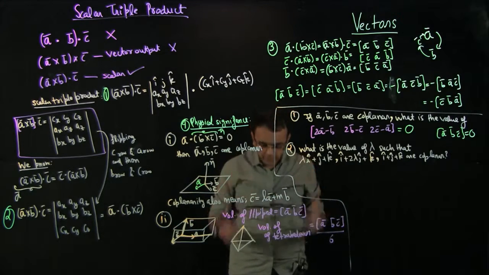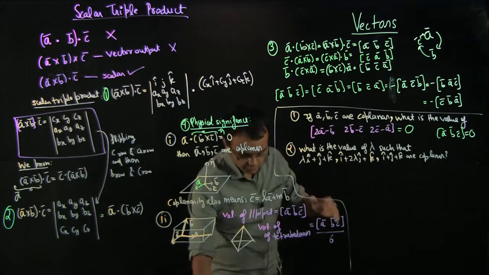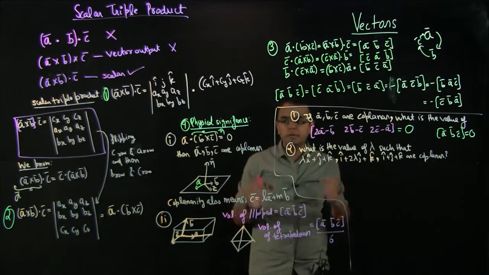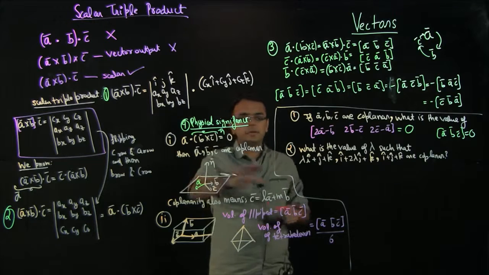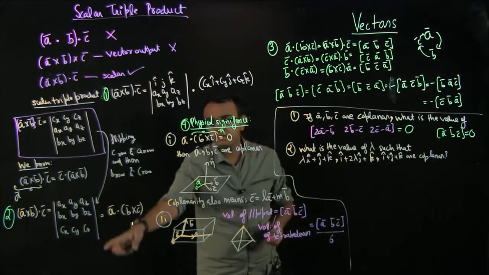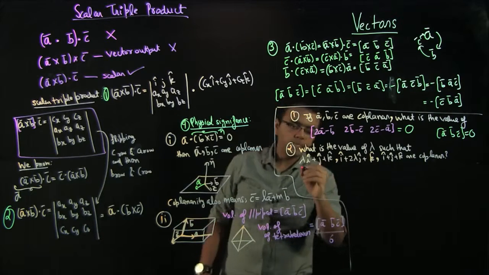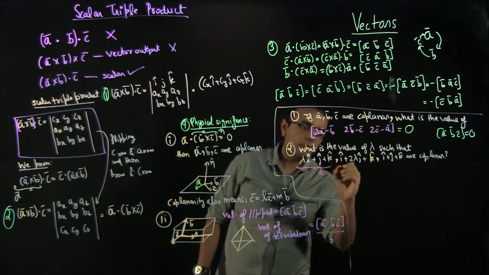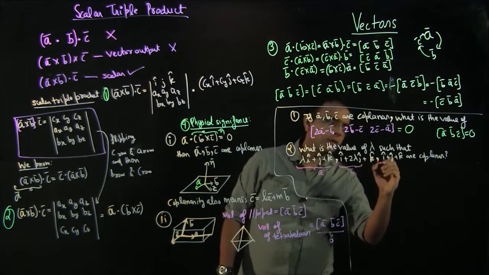The question is begging you to remember the condition of coplanarity. The condition of coplanarity is A dot B cross C equals 0. That's it. So how can we write A dot B cross C? As we have discussed, it is a determinant. So let us call these A vector, B vector and C vector.